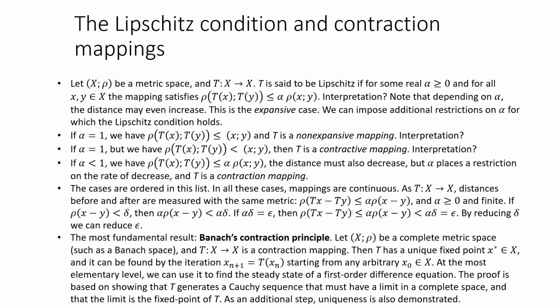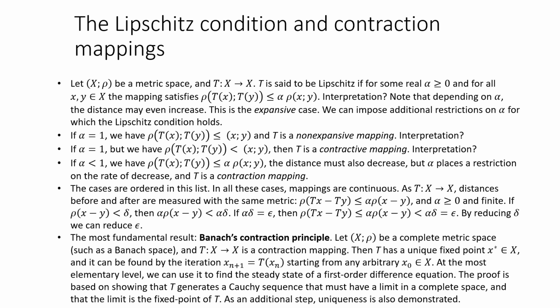Okay, so now we have the most fundamental result. This is Banach's contraction principle. This is very general, but very important. We have a complete, most importantly, a complete metric space, such as a Banach space, and we have a contraction mapping on this space.